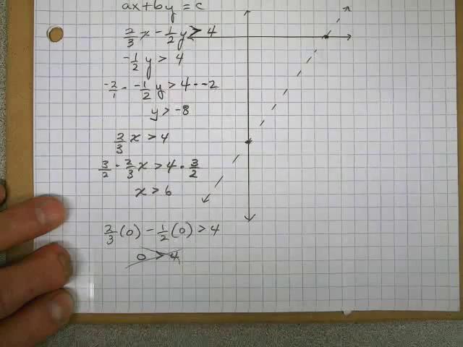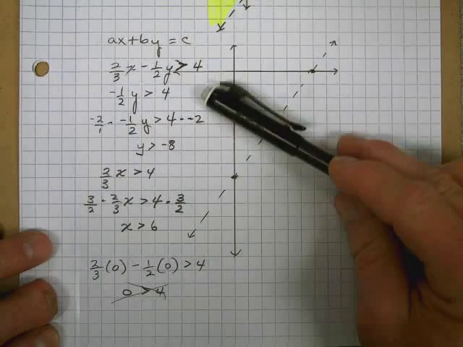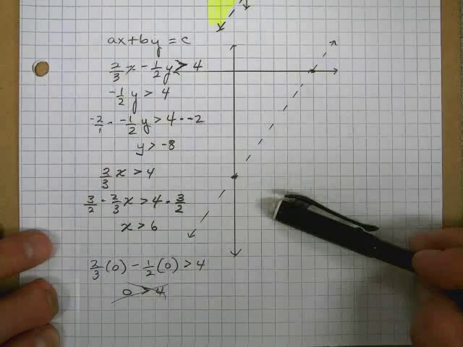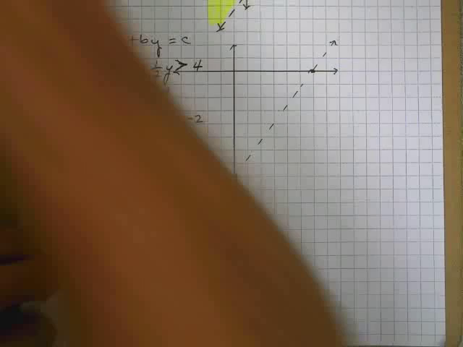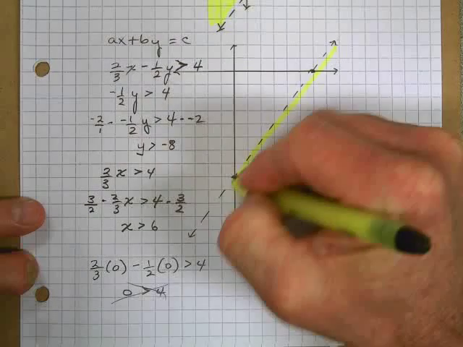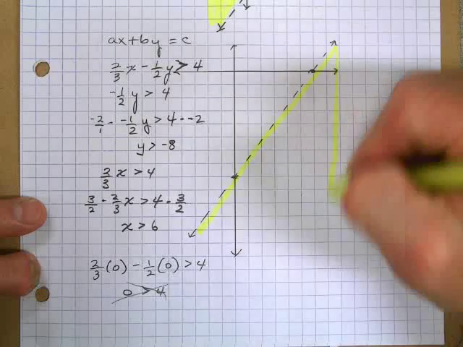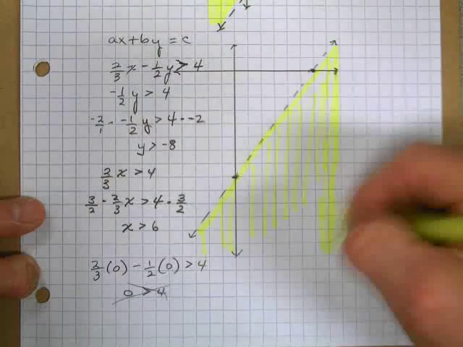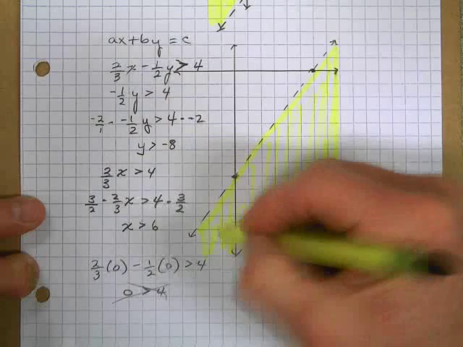The answer is no. So the opposite side, the side opposite where the point 0, 0 is located, will be our solution set. So we're going to shade all of the plane, the half plane, below our boundary line, and that will be the solution set to this inequality.